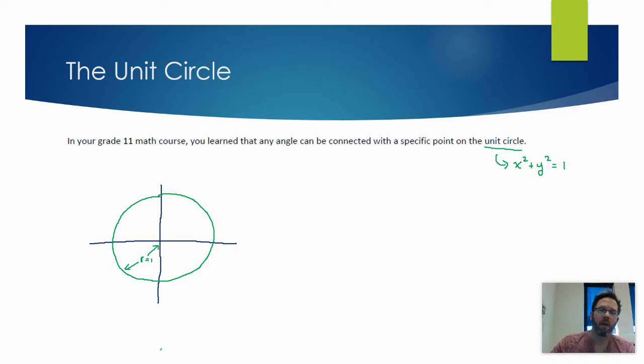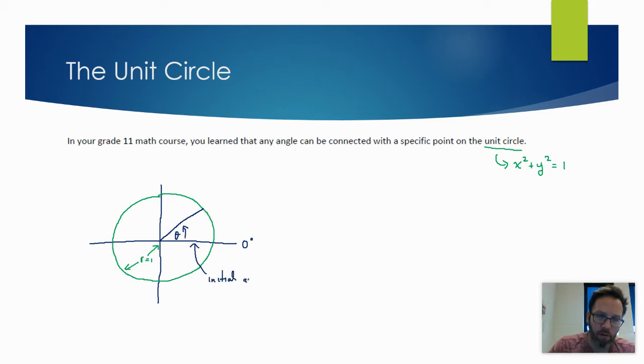You started by saying, I want a way of showing angles in the Cartesian plane. So in your grade 11 course, we defined angles to start at the positive x-axis. If I wanted to describe an angle like so, the x-axis you called the initial arm.